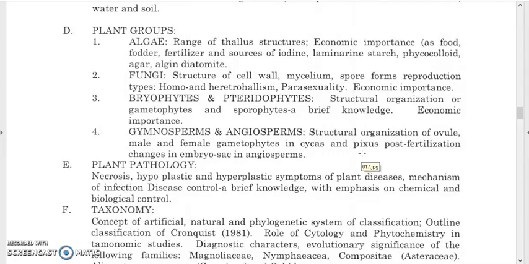Pollination, double fertilization, post-fertilization changes, how seed forms, how the mesocarp, pericarp and endocarp form, and the post-fertilization changes of ovules and ovary. These are different questions that can be asked here.